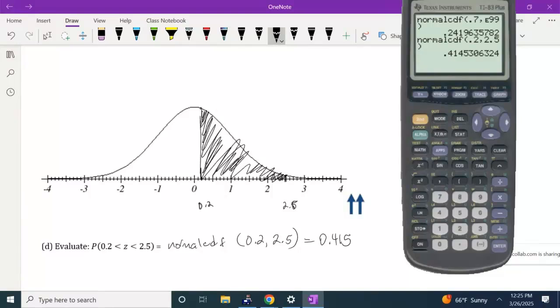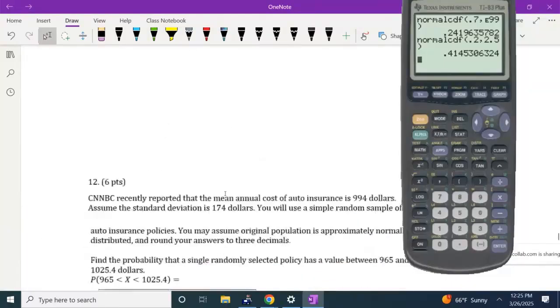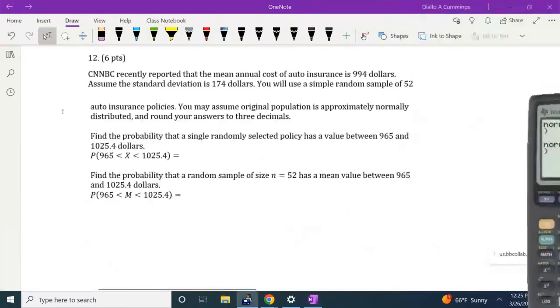So that was actually one problem, but for whatever reason, the answer key split it out into two problems. So problem number 13 is actually 12, and problem number 14 is actually number 13 on the answer key. Now let's look at the next one, number 12, which is actually 13 on the answer key.